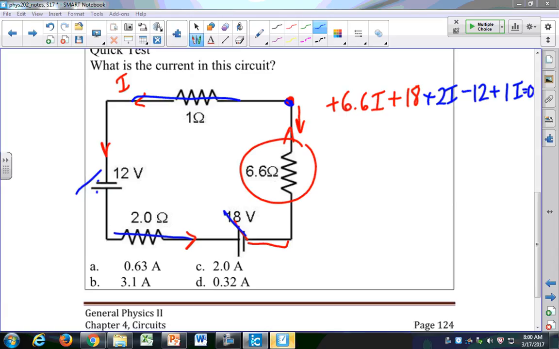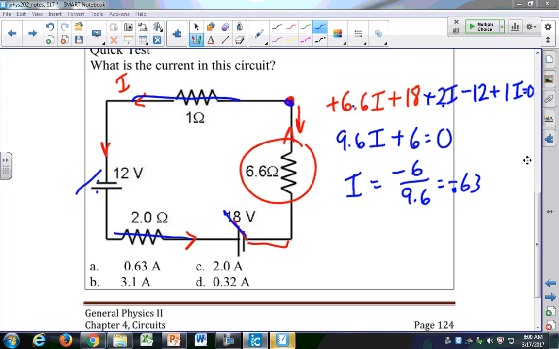So I get 6.6 plus 2 plus 1, that's 9.6I, plus 18 minus 12, plus 6 equals 0. And so I is equal to minus 6 divided by 9.6, which is negative 0.63.